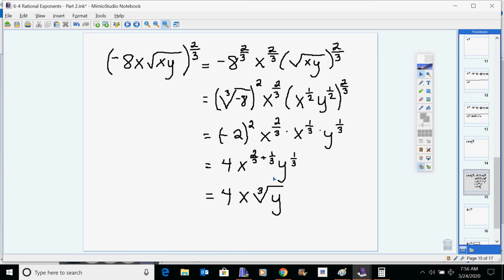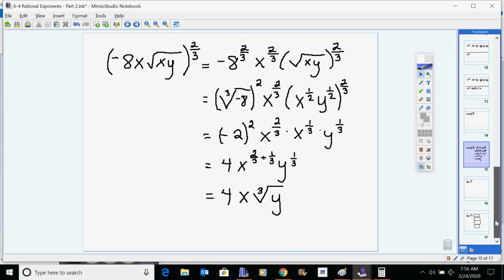Usually when they say simplify completely, you want a radical form in your end when you finally brought it down and done everything that you can do. And so here we have the most simplified form of this by applying all of the rules to exponents. I like this problem because it basically uses everything except for negative exponents, but it uses an awful lot.